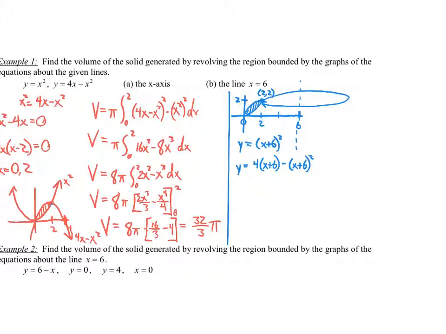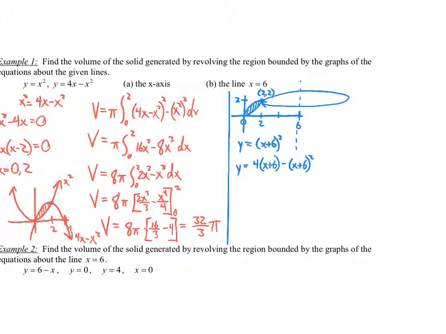Now, as you can see, if I'm trying to switch x and y, if I'm going to reflect everything across the line y equals x, that would kind of shift my whole graph around. So we got to get this in terms of y.